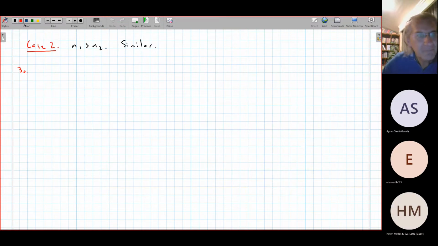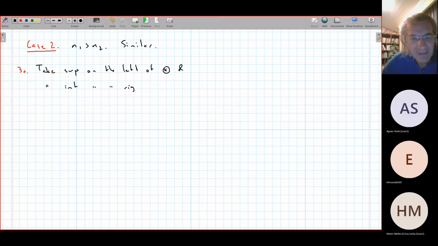So take supremum on the left of star and take infimum on the right of star. And that's the way you see that liminf is less than or equal to limsup.